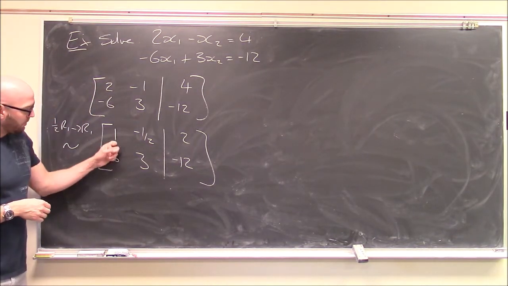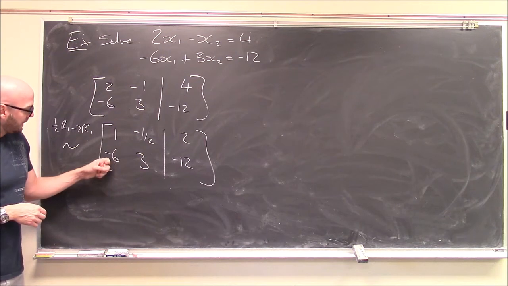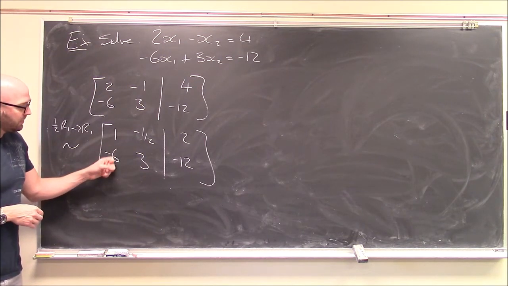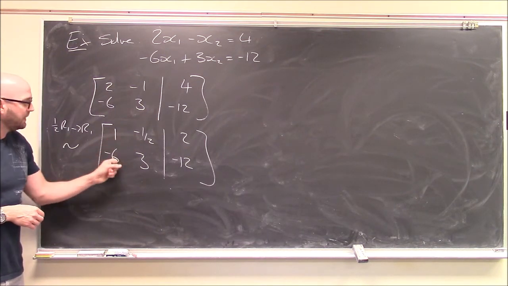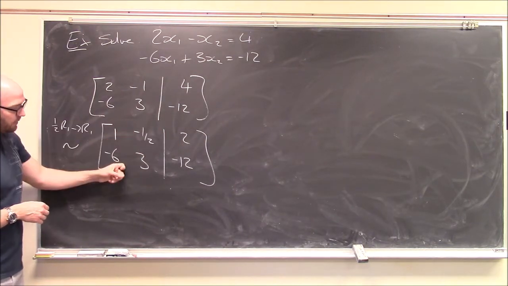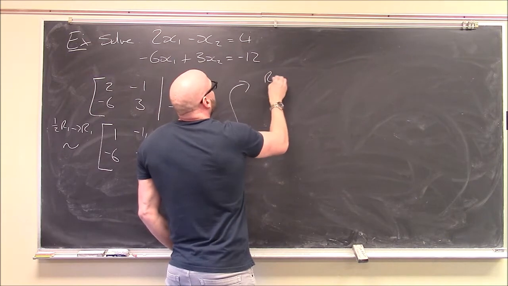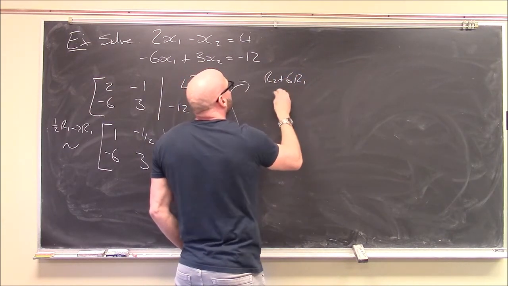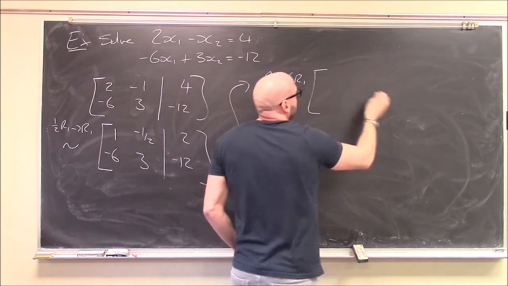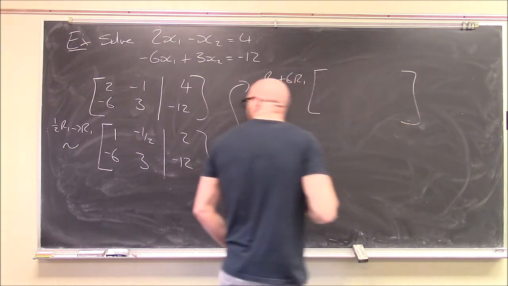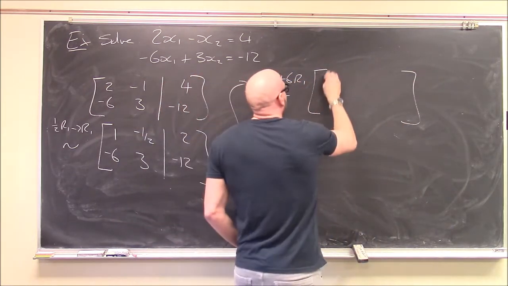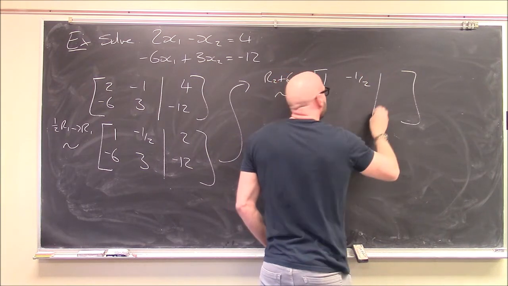What now? Now I want to put a 0 below this entry. So how do I do that? Well, I've got a minus 6 here, so I need to add 6 times 1 to it. So we'll add 6 times the whole first row to the second row. So we'll do row 2 plus 6 times row 1. Row 1 is still the same, so we'll just copy it down again.